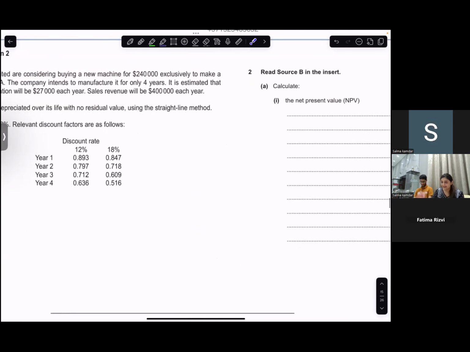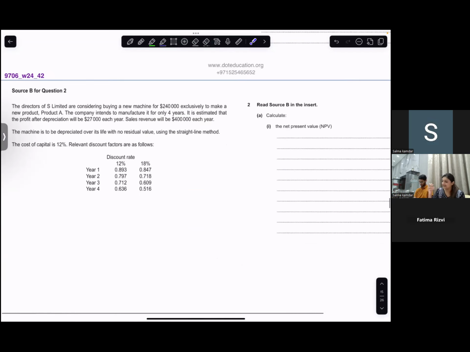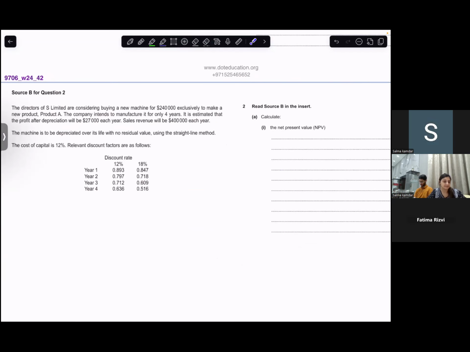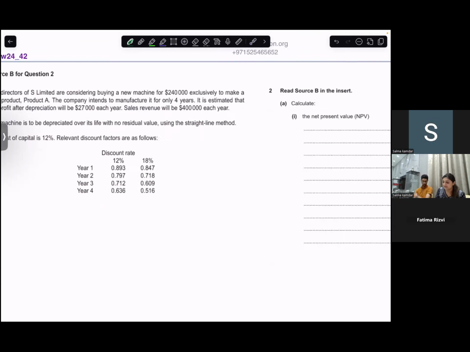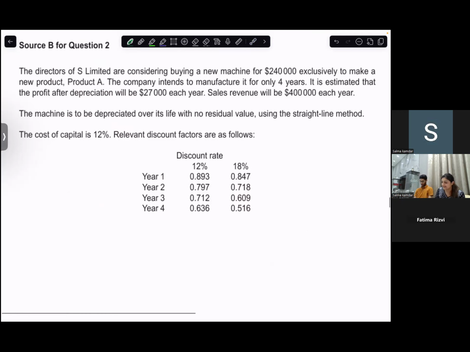Before going ahead, can you tell me what are the things that you need in the NPV method? You need net cash flow. That means you need your inflow, you need your outflow. Non-cash expenses are excluded. You need discount factor. We are given two discount factors, 12% and 18%.